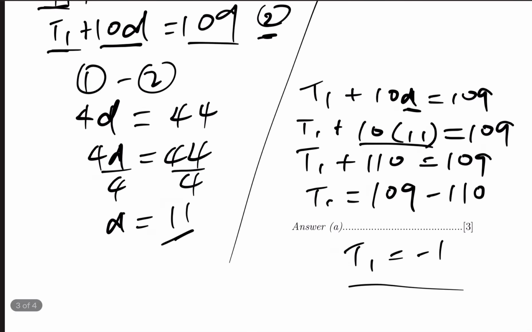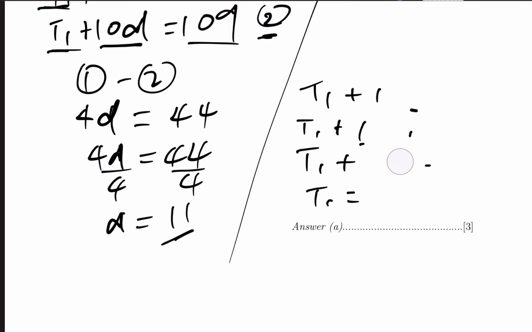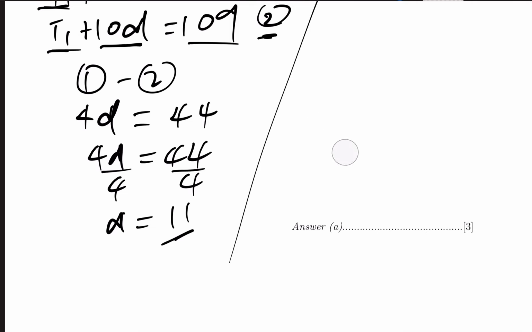So now we've found what we're looking for. We're saying T1, the first term, is -1, and d is equal to 11, d which is the common difference. Okay, we're done. Then we proceed.